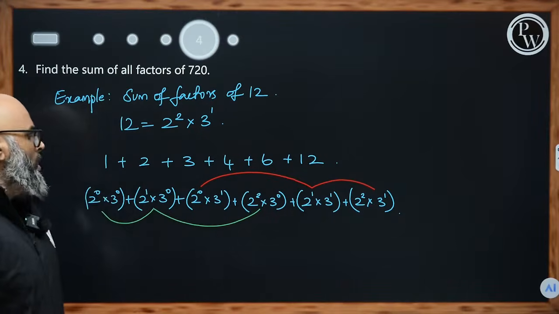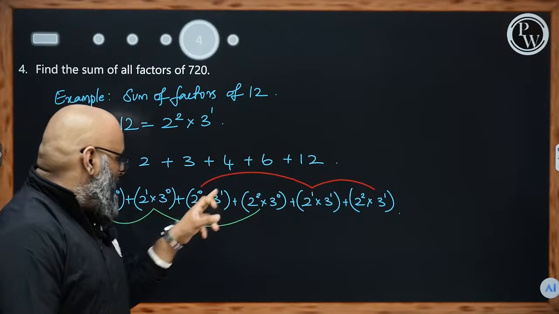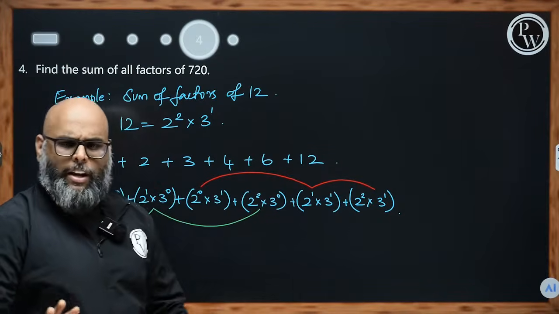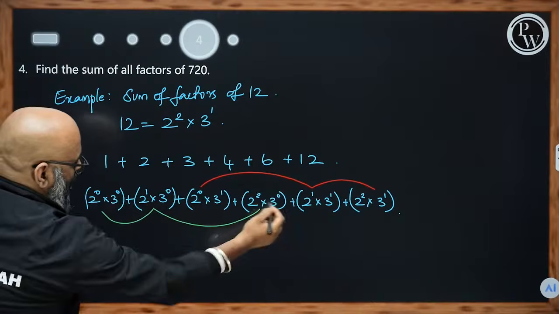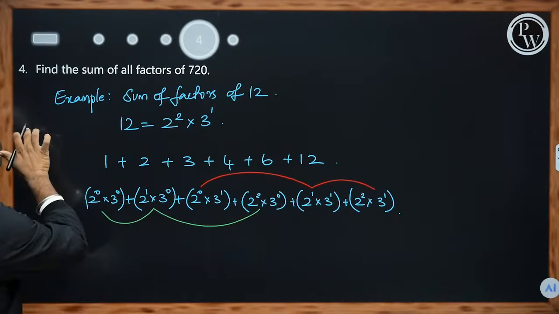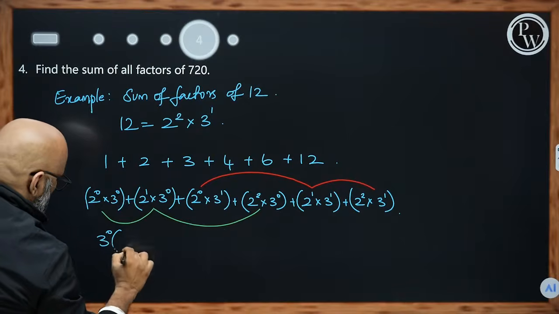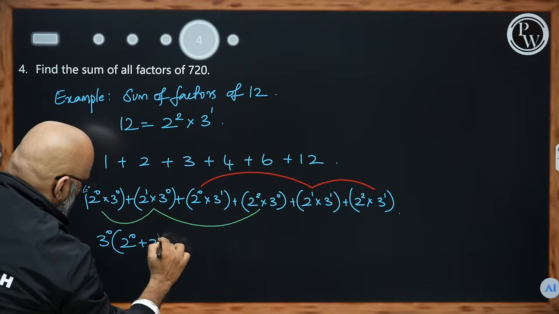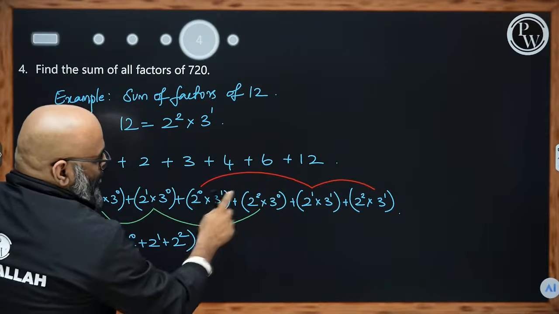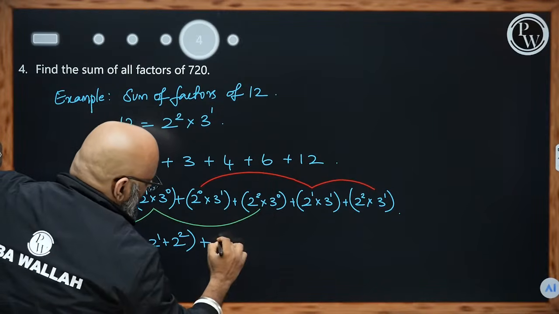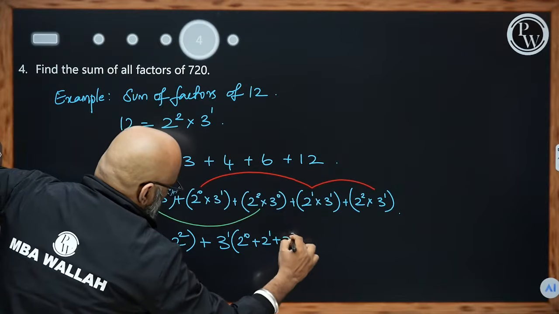We'll take 3 power 0 common from these 3 numbers, 3 power 1 common from these 3 numbers, and then we'll rewrite it. If you take 3 power 0 common, this will become 3 power 0 into (2 power 0 plus 2 power 1 plus 2 power 2), plus, if I take out 3 power 1 common, I will get 3 power 1 into (2 power 0 plus 2 power 1 plus 2 power 2).